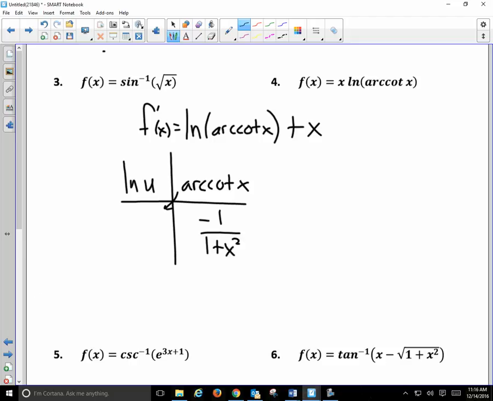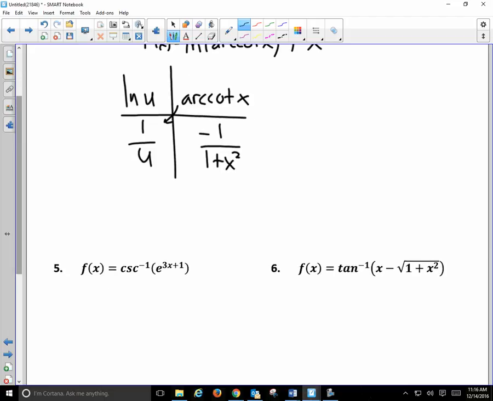What's the derivative of natural log of u? 1 over u. 1 over u. So this goes here. So I have 1 over arc cotangent of x times that negative 1 over 1 plus x squared.